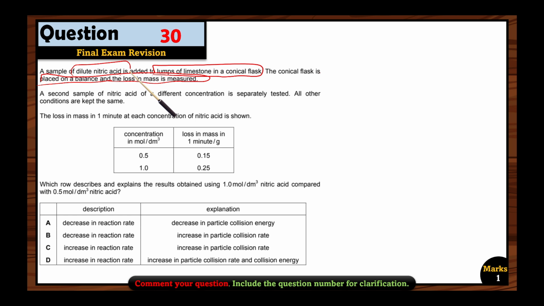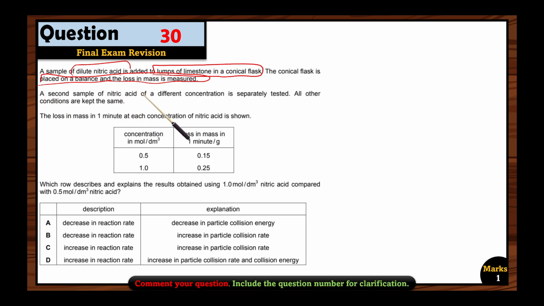And now they place the conical flask on the balance, and then they start measuring the loss in the mass. Why the loss in the mass? Because of course in the product we are getting a gas. So when the gas evaporates, the reactant's mass will start decreasing, right? So you can see that the gas is being produced and it is being removed from the sample. That's why slowly the mass of the reactant is decreasing, that is in the beaker.